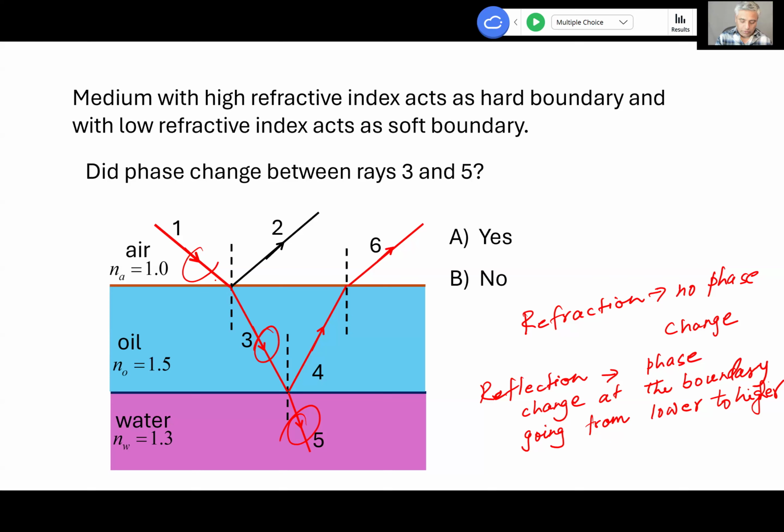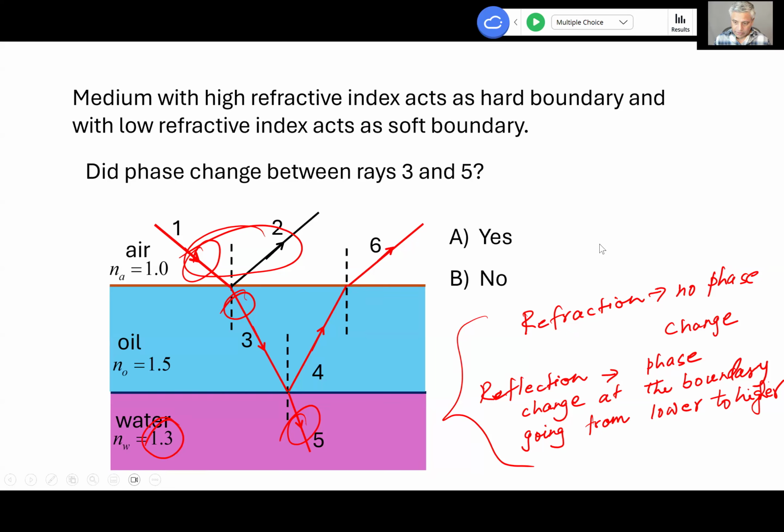Here it went from lower to higher. Over here it went from higher to lower. 1.3 is lower, okay? So that's why there was no phase change. However, there was a phase change here. Okay, so just this we need to keep in our head.